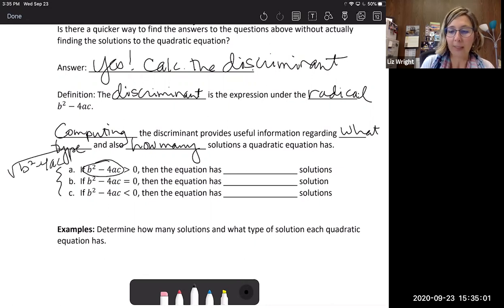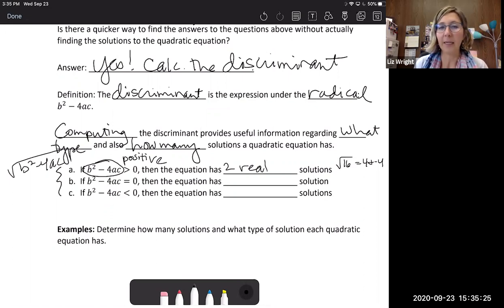So when we got a positive number like 16, we ended up getting 2 answers, 4 and negative 4. So if b squared minus 4ac is greater than 0, so that means it's positive, then the equation is going to have 2 real solutions.